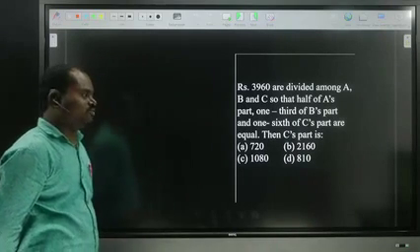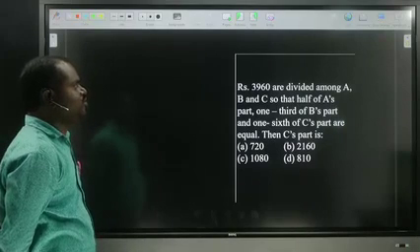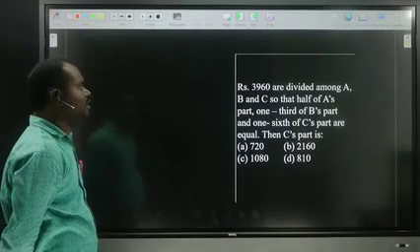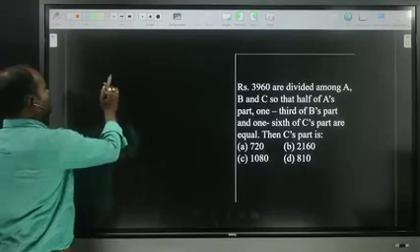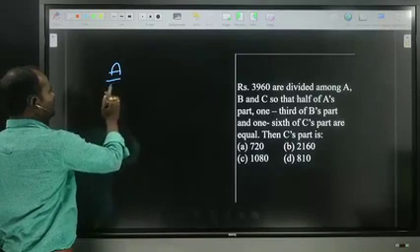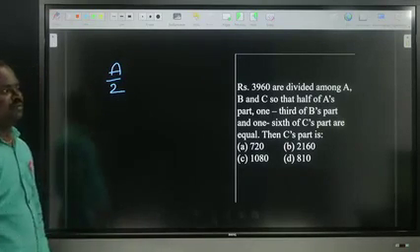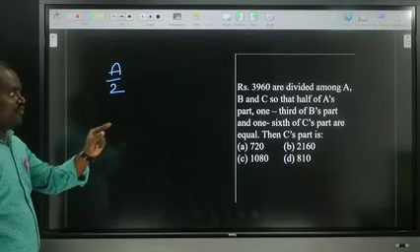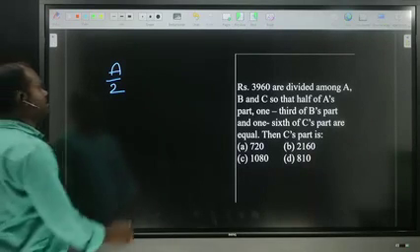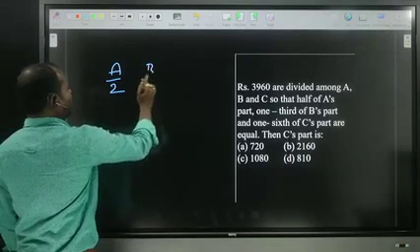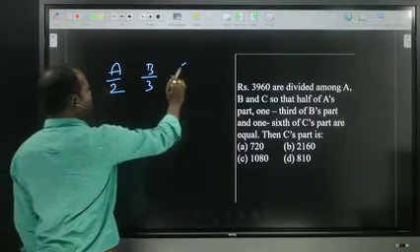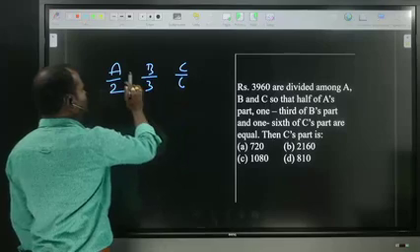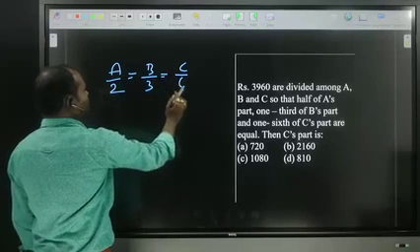Right, shall we see now. 3960 is divided between A, B, C such that half of A's share, nothing but A by 2, 1/3 of B's part, nothing but B by 3, 1/6 of C's part, nothing but C by 6, are all equal.